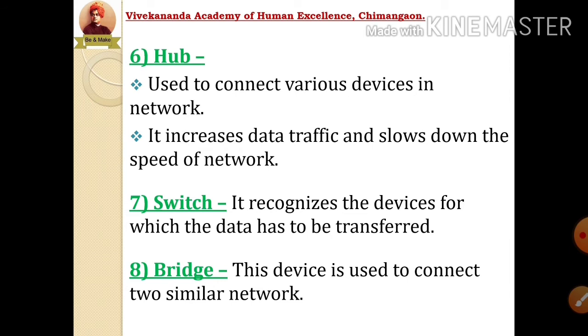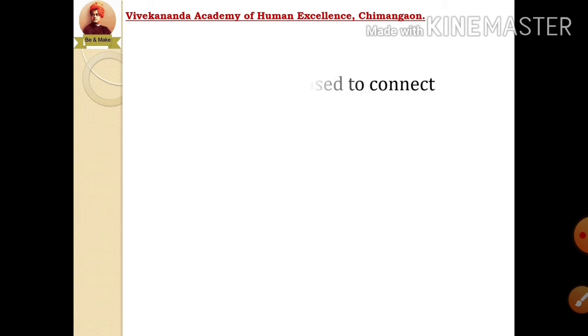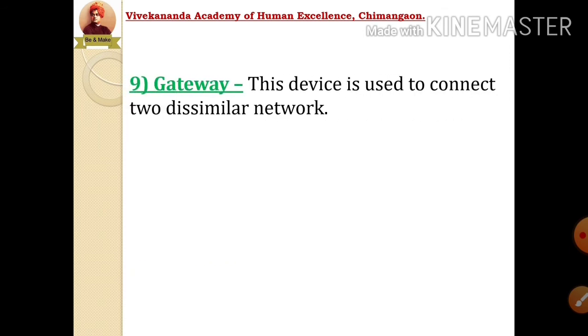Same way here the bridges are used to connect two similar networks with each other. The next device is gateway. This is used to connect two dissimilar networks. Two dissimilar networks means if I am going to connect one LAN network with a WAN network, then I am going to use the gateway.